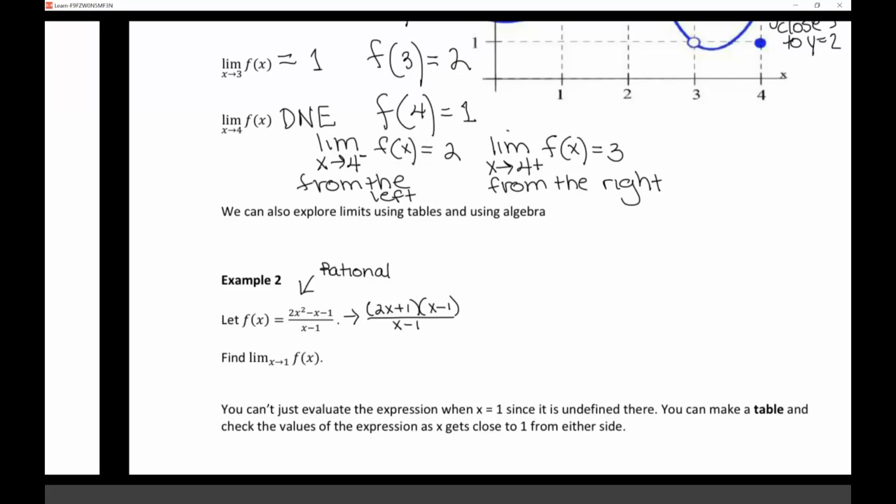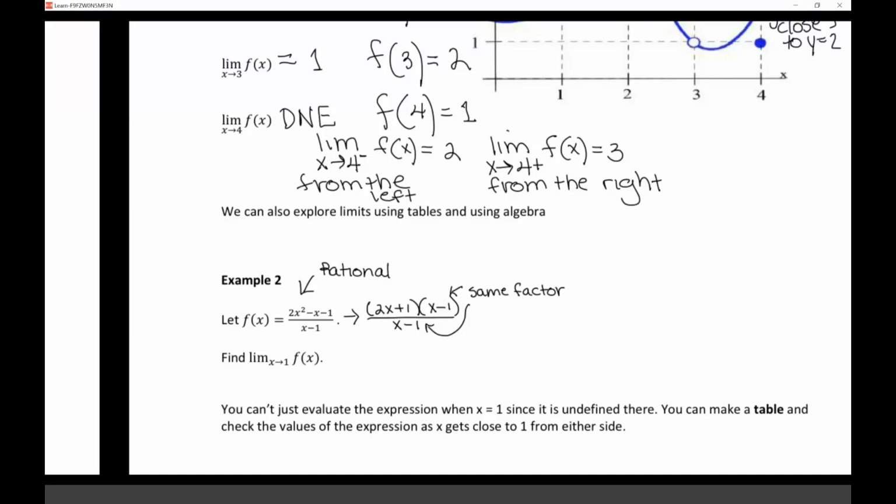Basically, what you want to notice is you have the same factor in the numerator and the denominator. And if you remember from college algebra, we are going to do some canceling eventually to find the limit.